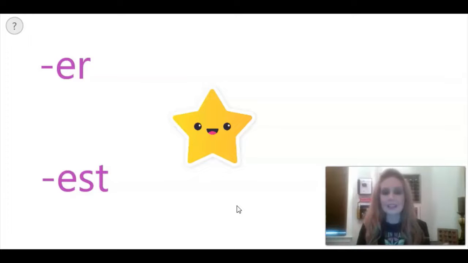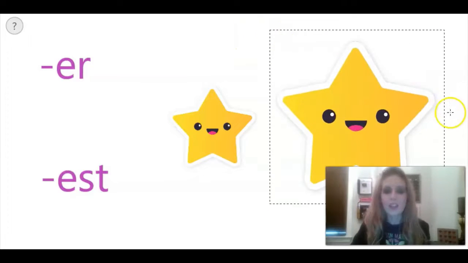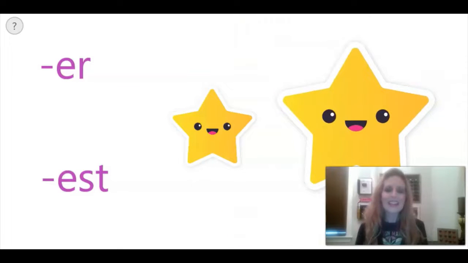I would not add an ending to that. Now, if I were to add another star, I could say this star is smaller than this star, right? Because I'm comparing these stars. There are only two, so I'd add ER.